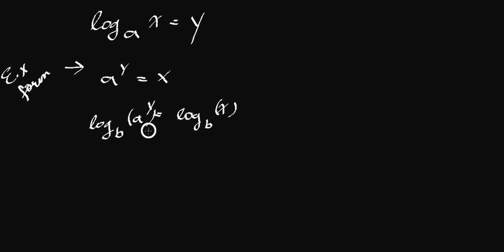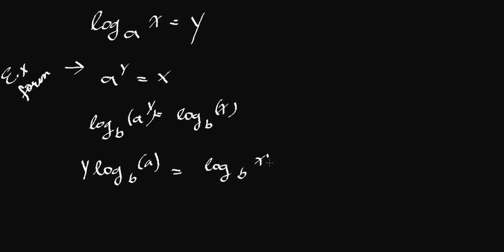Now, our third rule, the exponent rule, says that if you have something raised to some number, it's the same thing as multiplying by the log of that number. So it would look something like that. You just bring it down. You can watch my other videos for all the rules and examples. Okay, and we leave this one.